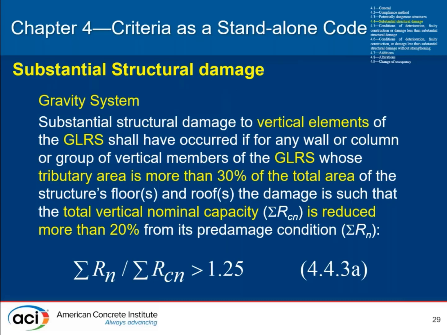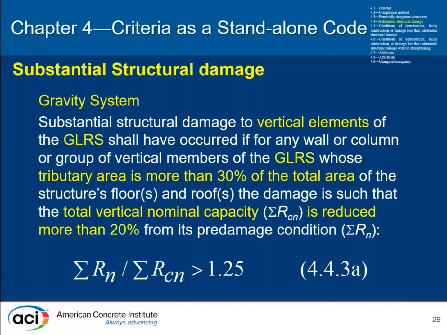If we're talking about a gravity load system, substantial structural damage to the vertical elements is deemed to have occurred if, for any wall or column or group of individual vertical members of the GLRS whose tributary area is more than 30% of the total area of the structure's floor or roof, the damage is such that the total vertical nominal capacity is reduced by more than 20% from its pre-damaged condition.